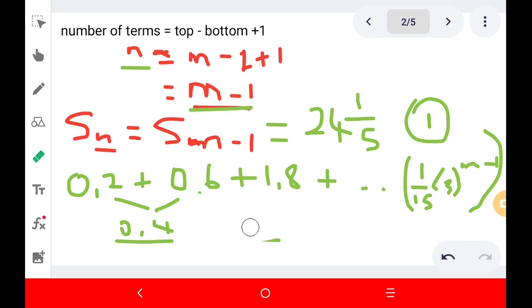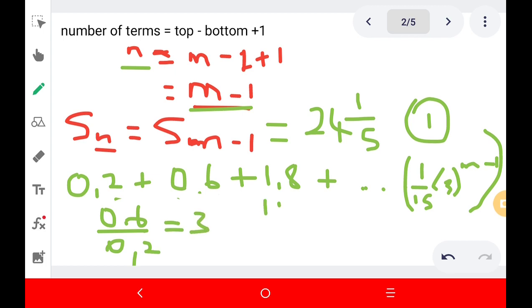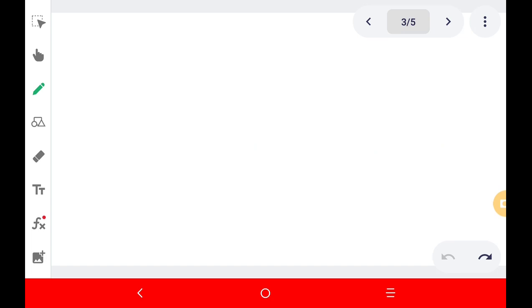Now I can check if it's geometric: 0,6 divided by 0,2 gives me a 3, and 1,8 divided by 0,6 also gives me a 3, so it's clearly geometric. So I've decided what kind of series, and I go to my next step to choose the correct formula.